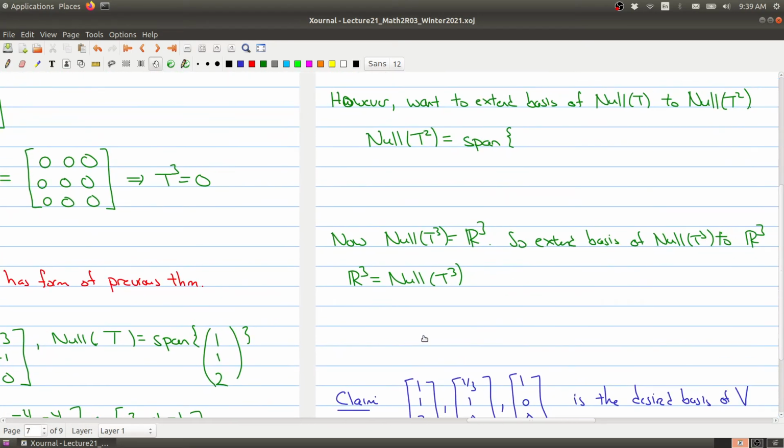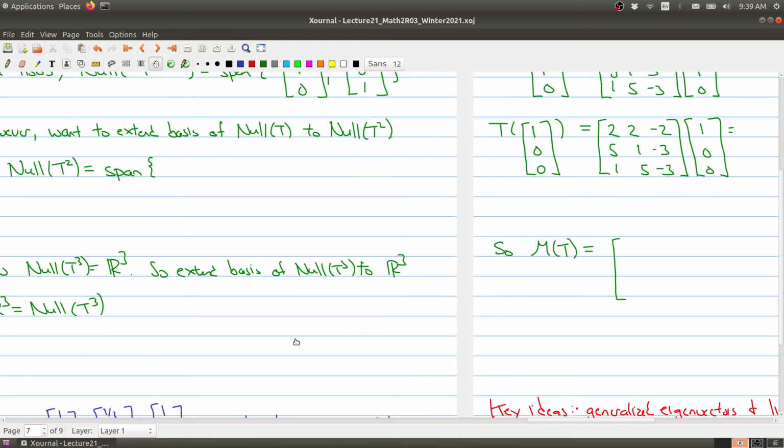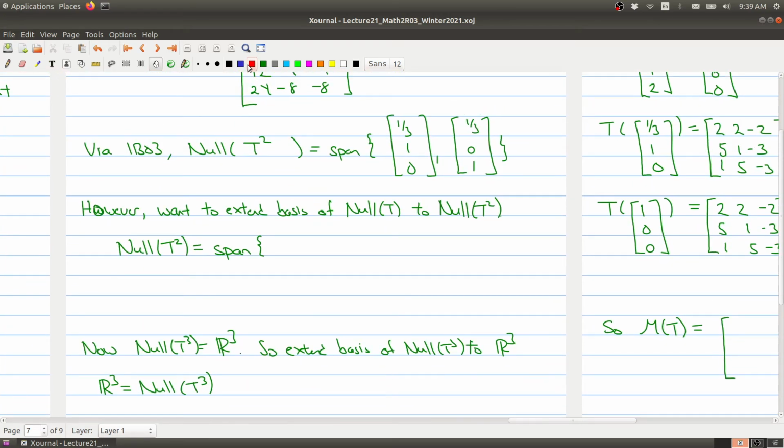The way you do this is you take the vector we know in the null space of the first power, which is 1, 1, and 2, and then add the basis elements for the null space of the second one.